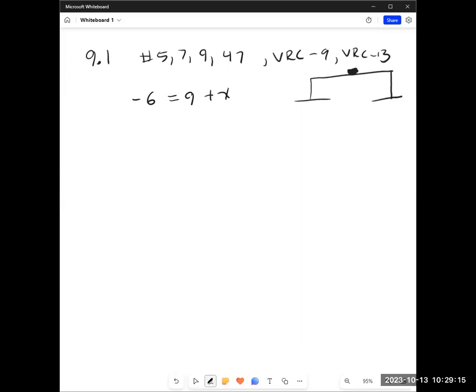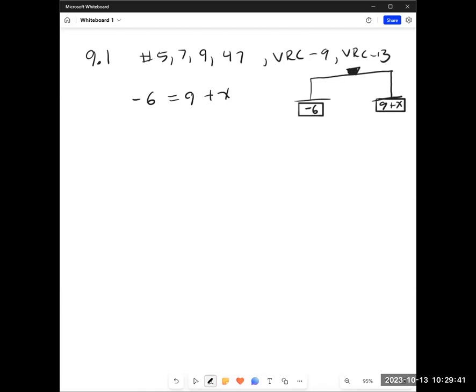On this side we have an expression that says -6, and on this side we have 9 plus x, and they are in balance right now. Whatever I do on the left side of the scale, I have to do on the right side, to keep them in balance.